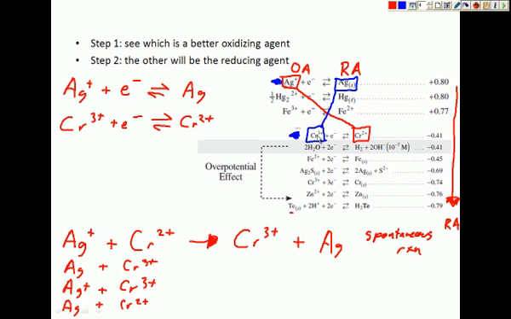Okay, this one could gain an electron. This one could lose an electron, but if they do, then they're going to become this, and this reaction wants to spontaneously happen this way. So this reaction could happen, however, it is not spontaneous. It's a non-spontaneous reaction.